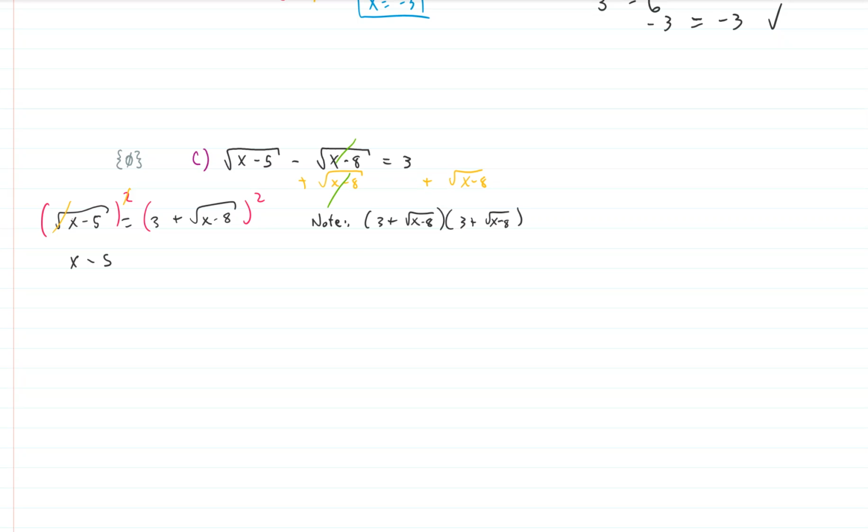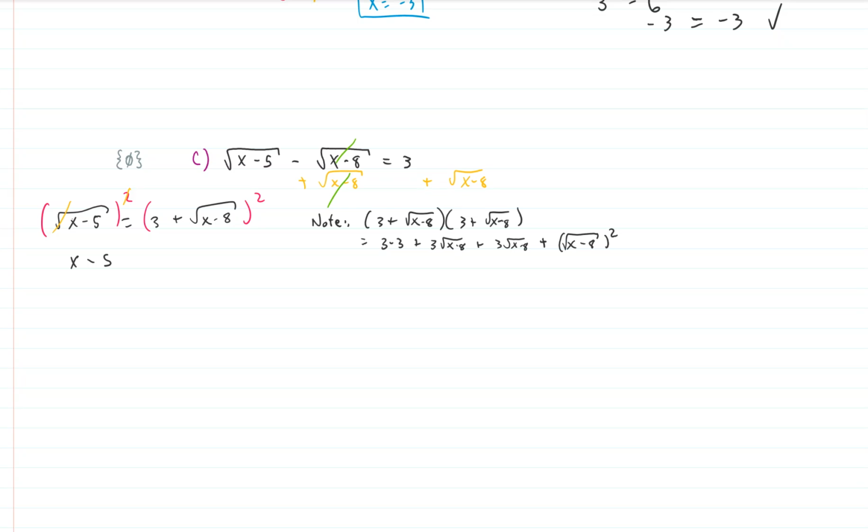We get 3 times 3, which is 9. We get 3 times root x minus 8 plus 3 times root x minus 8, plus x minus 8 inside of that root squared.